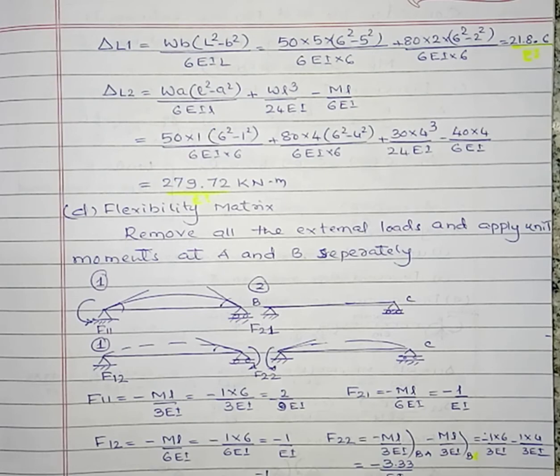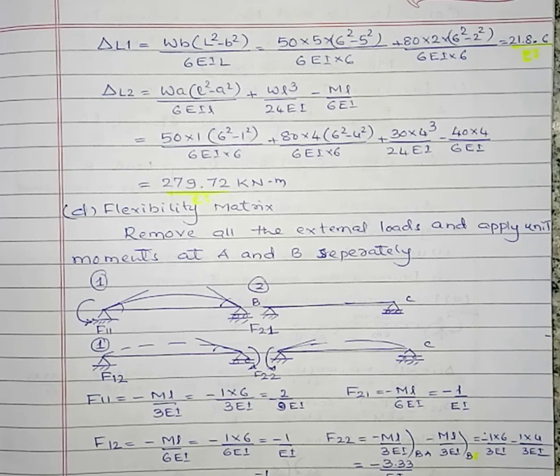Then the displacement due to the applied loads, that is 21.86 to 18.6, is the displacement due to the load at 1. Similarly 279.72 is the displacement due to the loads at coordinate 2. 1 over EI is common, so EI gets cancelled.